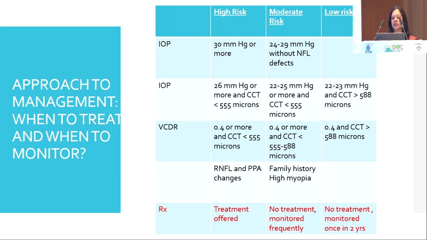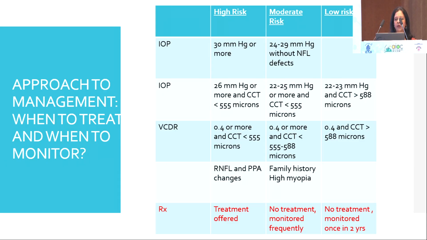In moderate risk, that is between 24 to 29 mmHg without NFL defects, or between 22 to 25 or more with thin CCT, or cup disc ratio 0.4 or more and CCT thicker, with a positive family history or high myopia, you can consider not treating the patient but monitoring them.